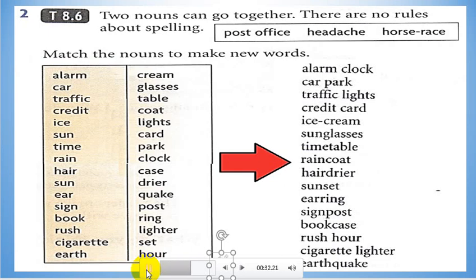Hairdryer. Sunset. Earring. Signpost. Bookcase. Rush hour. Cigarette lighter. Earthquake.